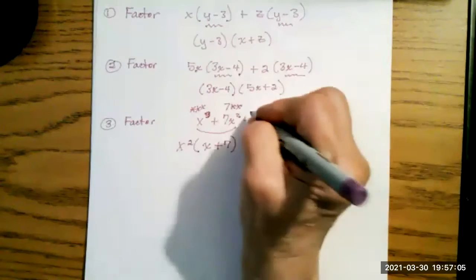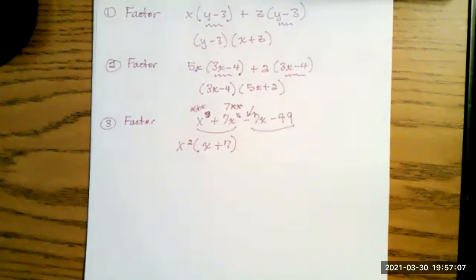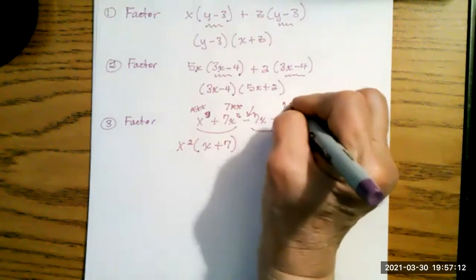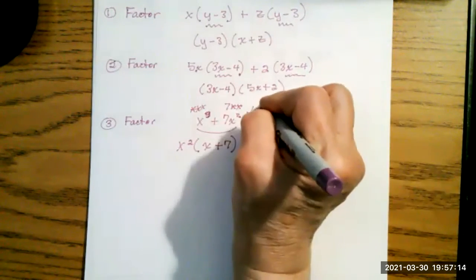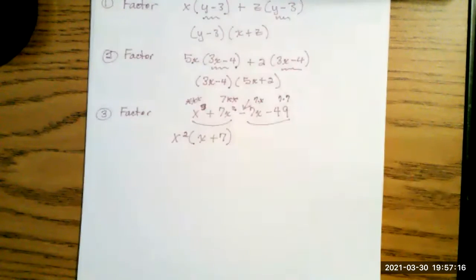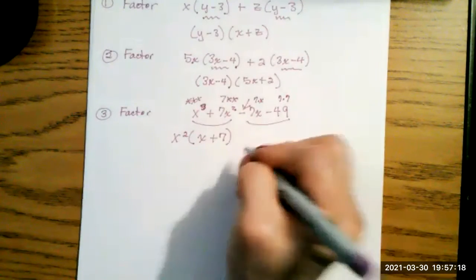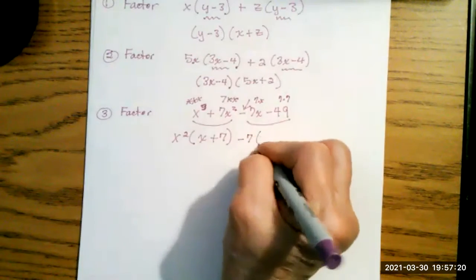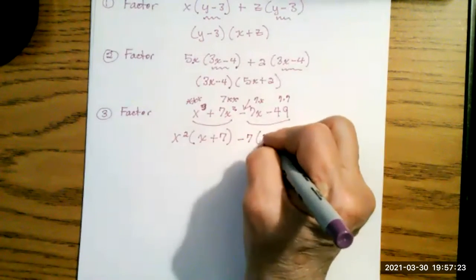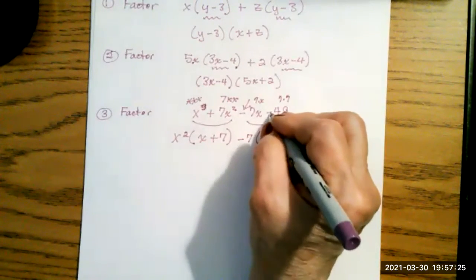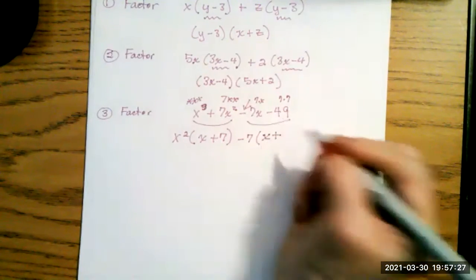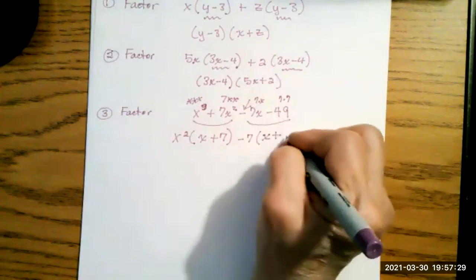Now notice this negative third term. That means I have to take out a negative something. This one over here is 7 times 7, and this is 7 times x. They all have a 7 in common. So I'm going to take out a negative 7. That will leave me with x, and it will change that minus to a plus because I took out the negative.